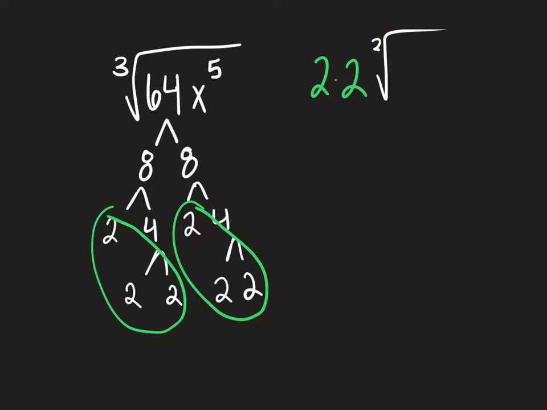So we're not going to have any numbers left inside, but we will have some variables left, right? So then with our x to the 5th, how many x's will come outside? Or will we have any outside? So we'll have one outside and two inside. Yeah, 1 outside, 2 inside.